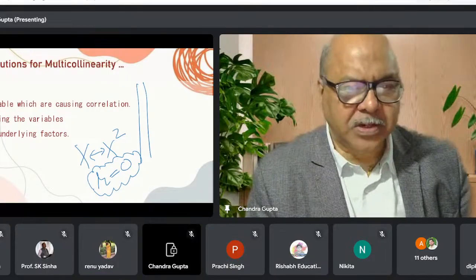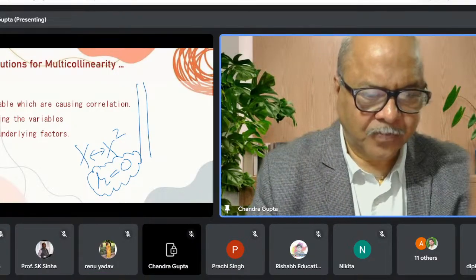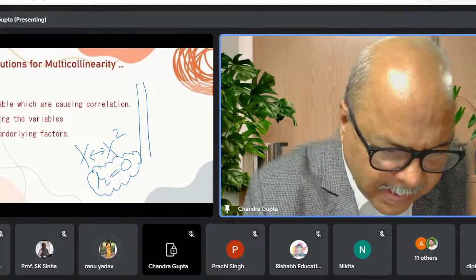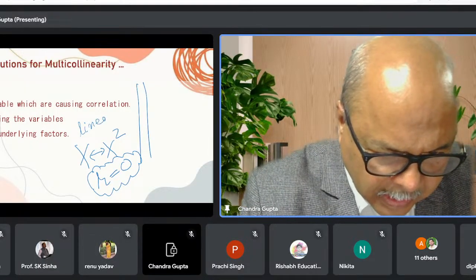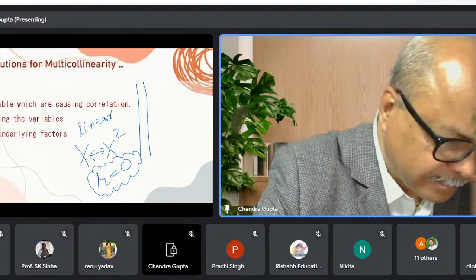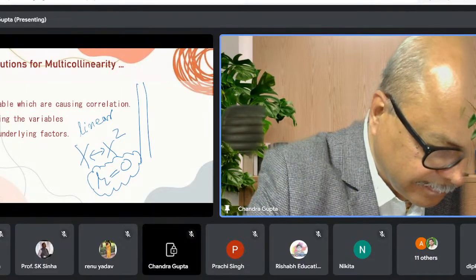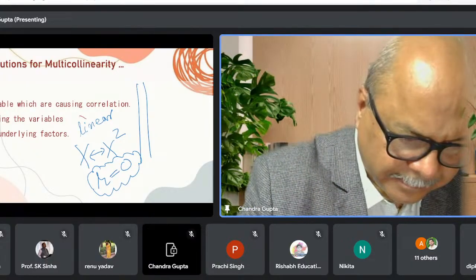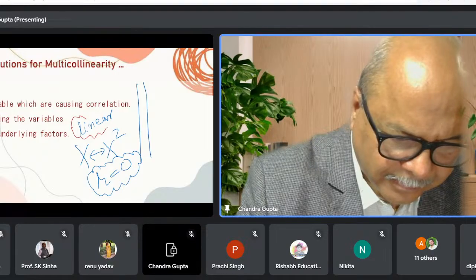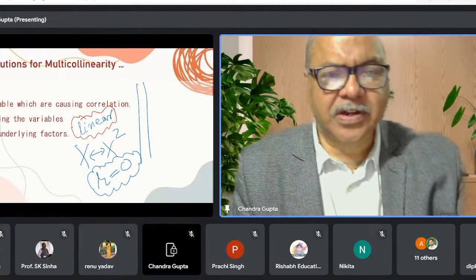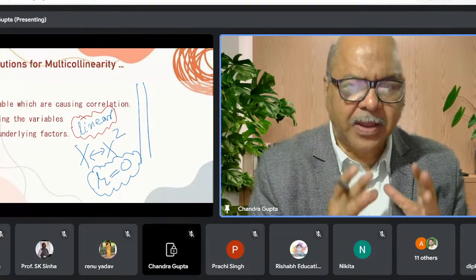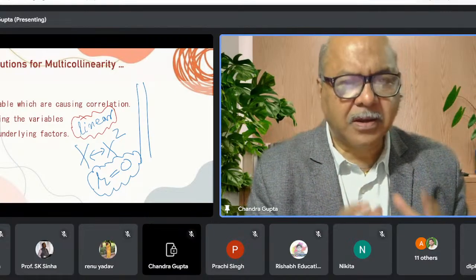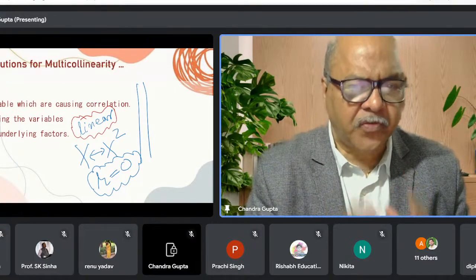What is correlation? Correlation is a measure of linear relation. Isn't it? When we talk about correlation between two variables, we are measuring the linear relation between the variables.